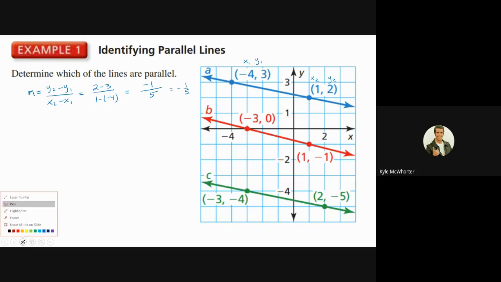Let's check the slope of the red line. So I'll do x1, y1, x2, y2. And I'll eyeball the formula up here as I'm plugging in, so I don't have to rewrite that again. y2 minus y1, that's going to be negative 1 minus 0. x2 minus x1 will be 1 minus negative 3.